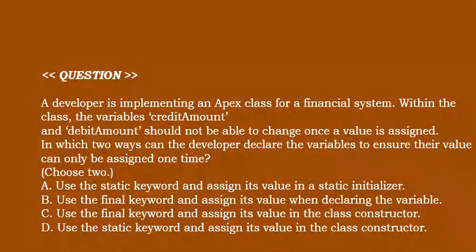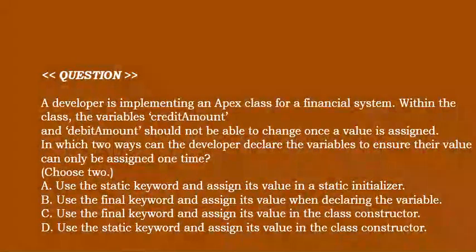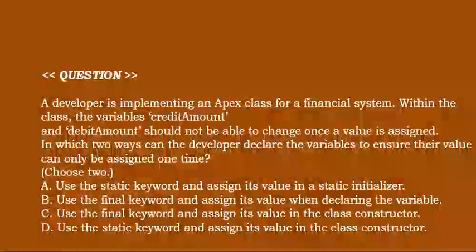Option A. Use the static keyword and assign its value in a static initializer. Option B. Use the final keyword and assign its value when declaring the variable. Option C. Use the final keyword and assign its value in the class constructor. Option D. Use the static keyword and assign its value in the class constructor. Correct answer is option B and option C.